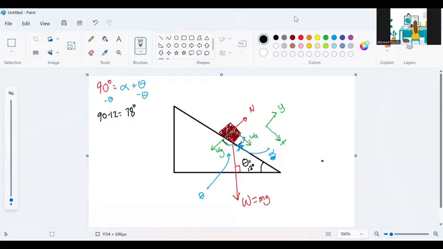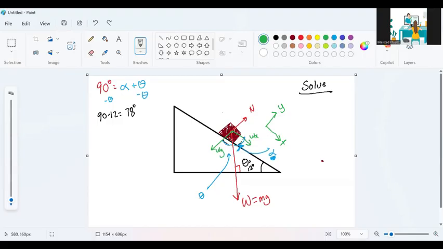So let's go ahead and solve for this. This is where we're going to introduce our trig functions. We're ready to solve for the components.